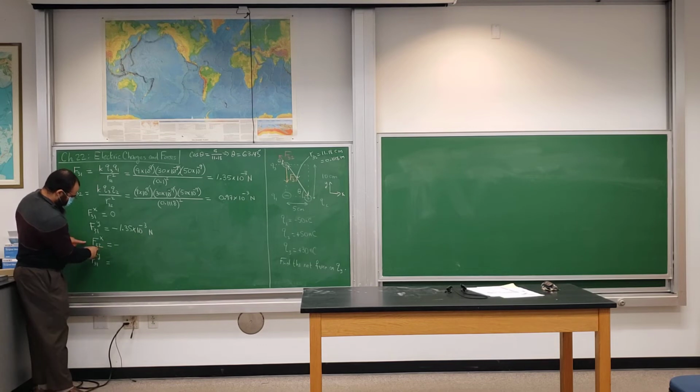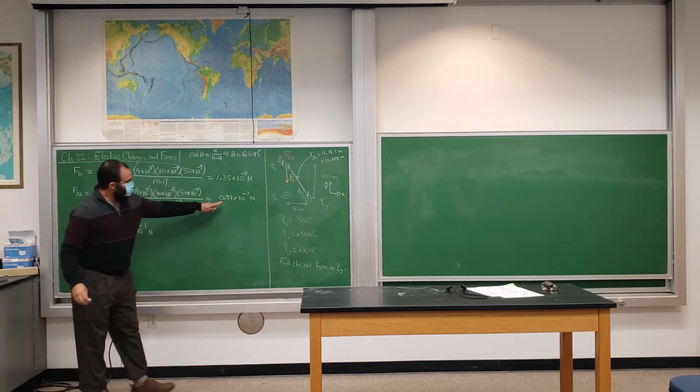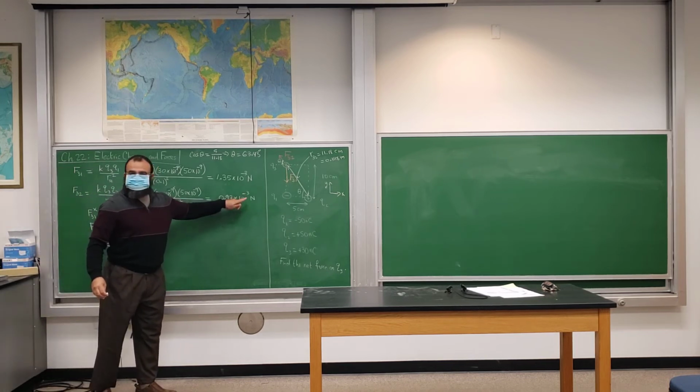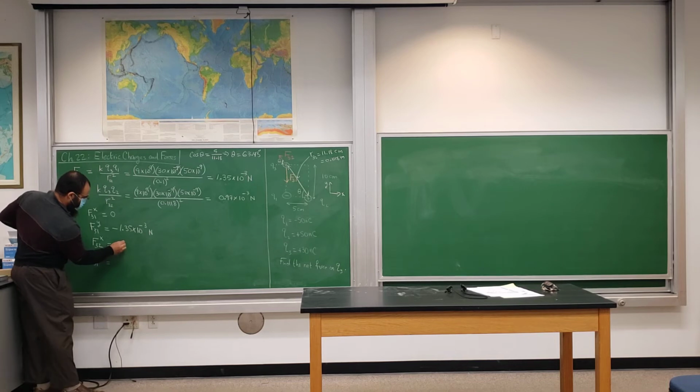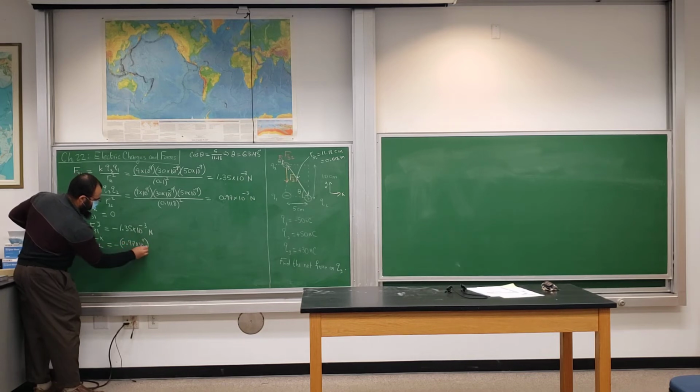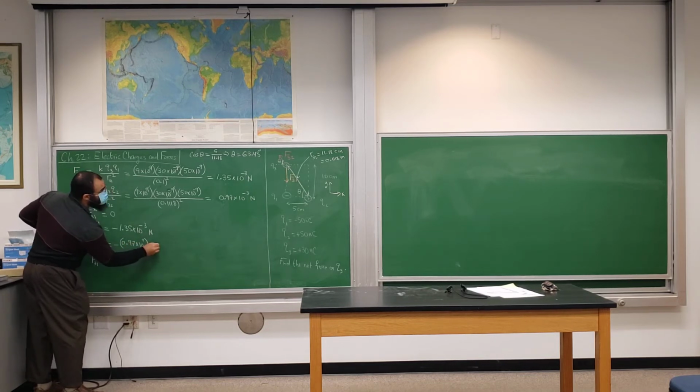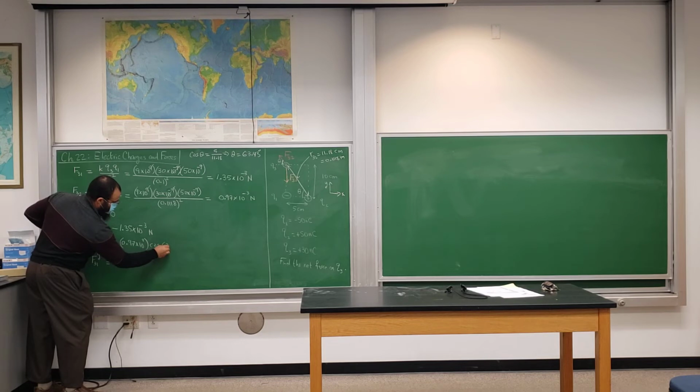So it will point in the negative direction, and it will be equal to the magnitude of the force, which is 0.97 times 10 to the minus 3 times the cosine of 63.43 degrees.